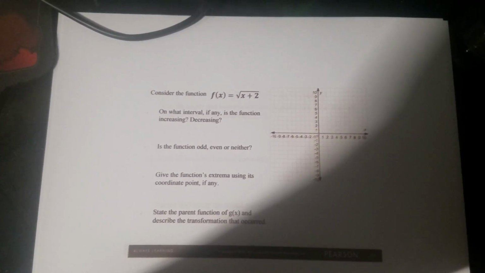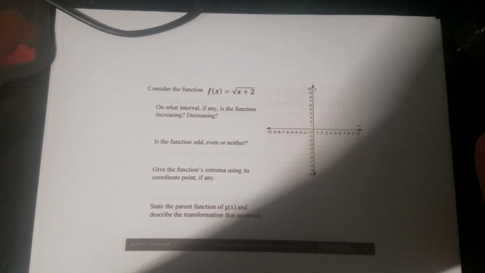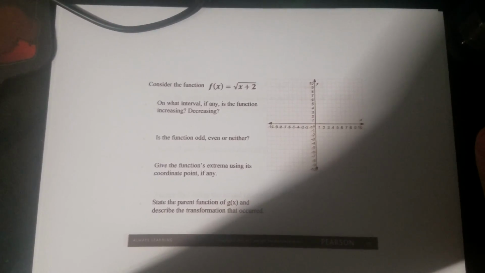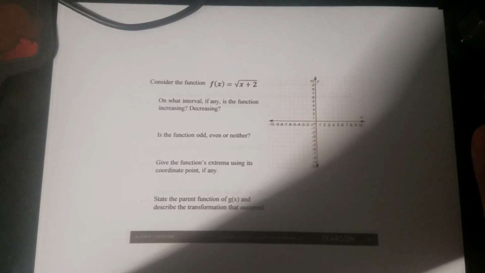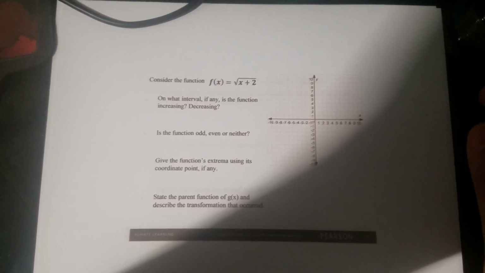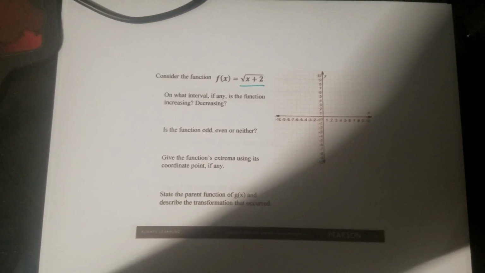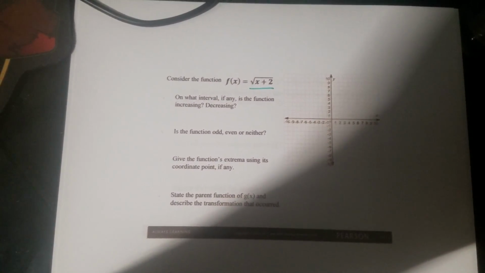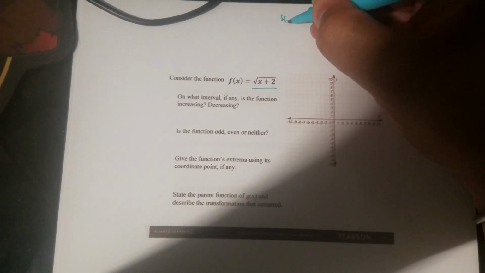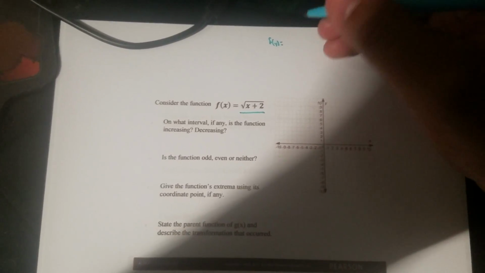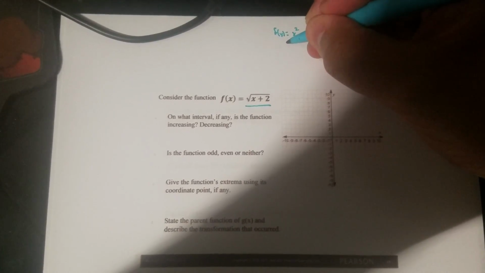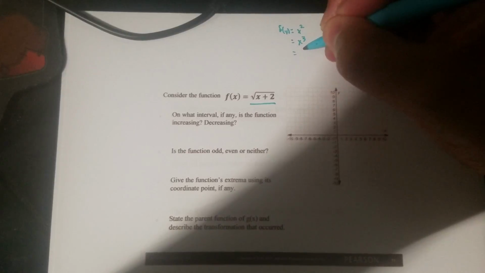Alright guys, so this is unit 1 through unit 3 I'm about to go over, and one of the things that you all need to remember is at least some of the basic functions. So this one, the square root one, what does it look like? They've been asking you about the x squared one, x cubed.